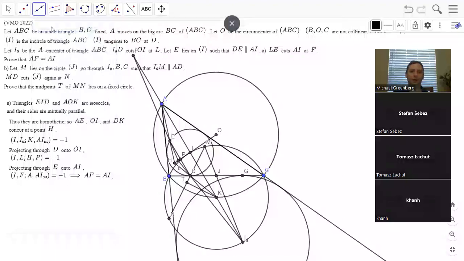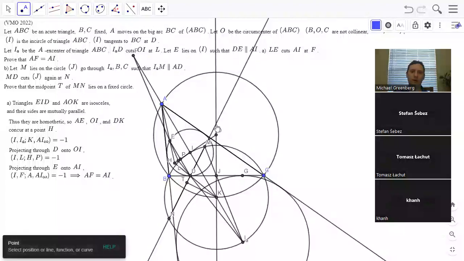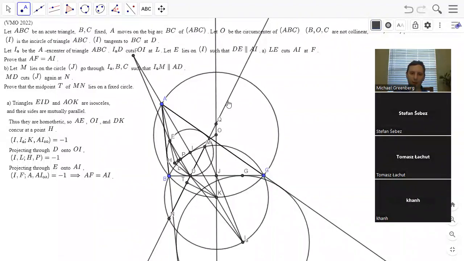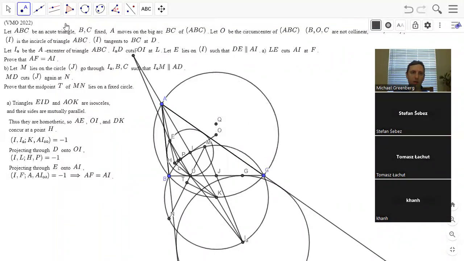Really interesting. Okay. Then you will have that T lies on the circle with diameter K and that intersection point, since KT is perpendicular to MN. Okay.